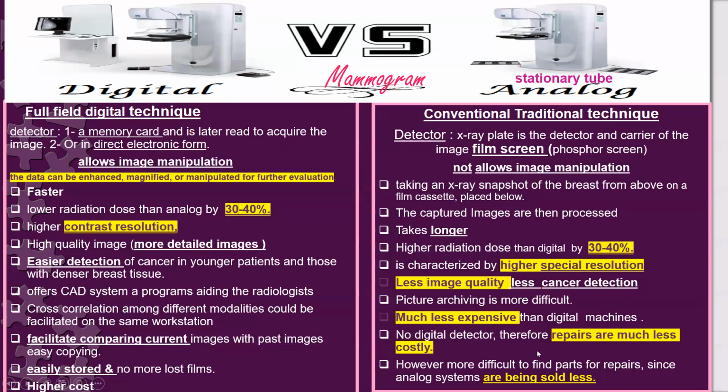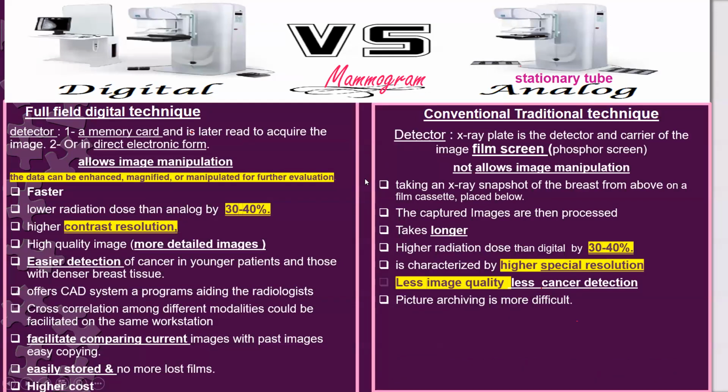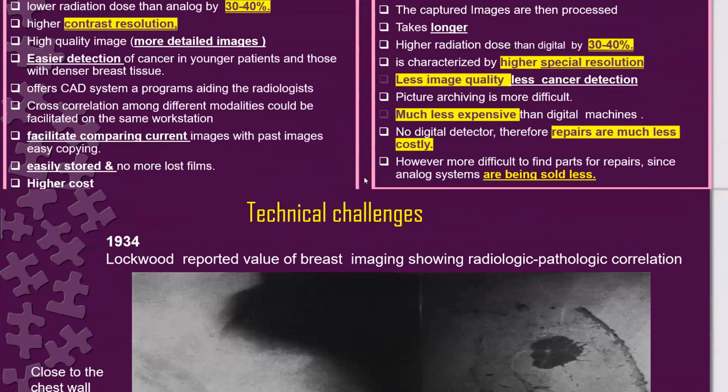But still, we have private hospitals looking to bring in analog systems. So it is important to explain these differences, and all of us have to be aware of the two systems.